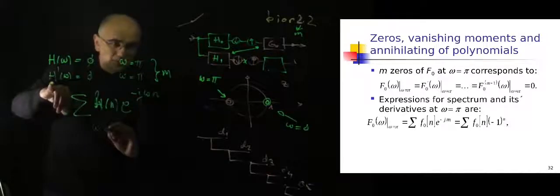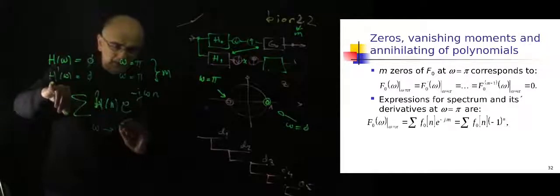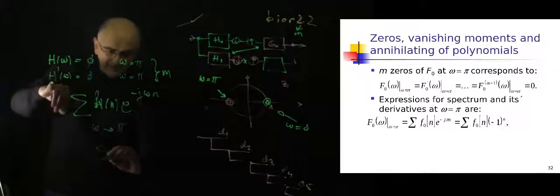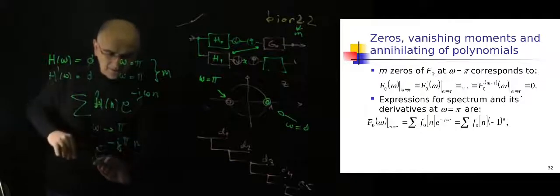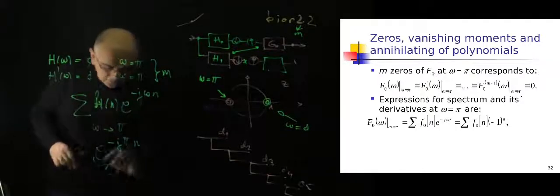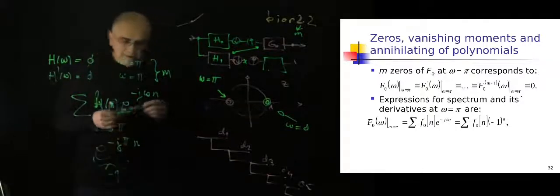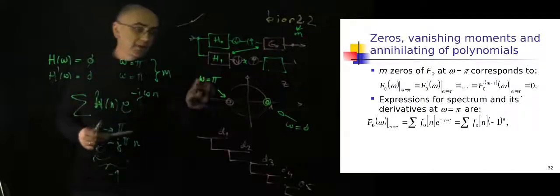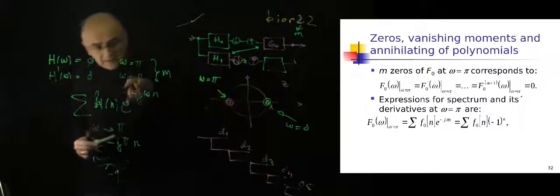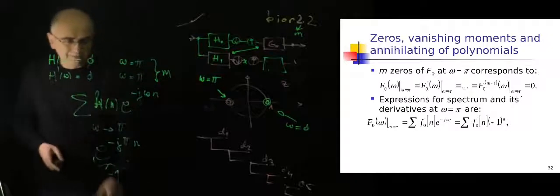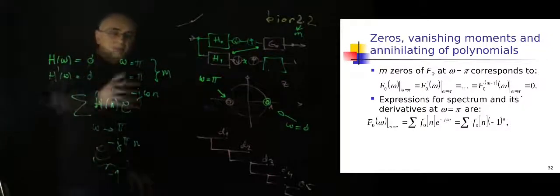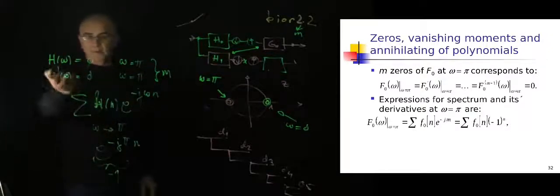So if I just put omega equals pi, then I have e to the j pi n, and altogether this is minus 1. So it is (-1) to the n if I put the Nyquist frequency in my expression. Now I can derive its expression over omega.